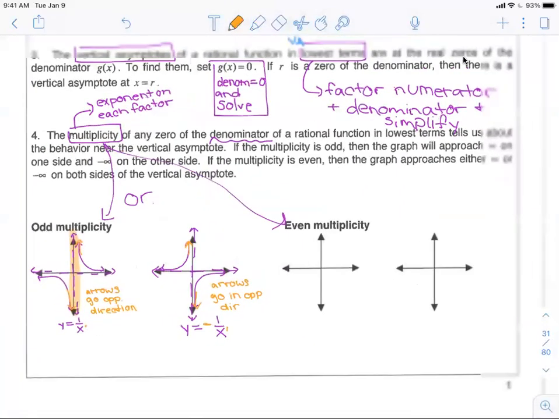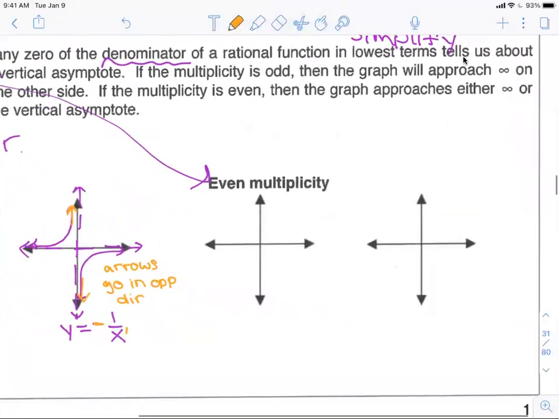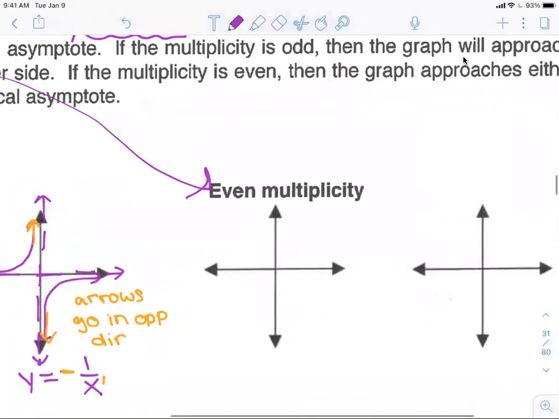It's odd. Well, what happens when it's even, like 1 over x squared? Or whatever the 0 is. So we already looked at 1 over x squared, so we already know that it looks like this. And this time at that asymptote, notice that they are both going in the same direction. So notice that the arrows at the vertical asymptote, they're both going up.